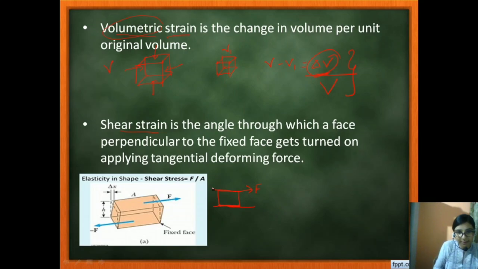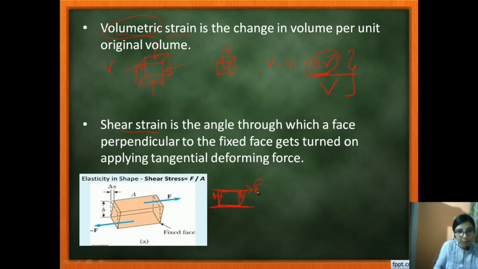So we are applying the tangential force on this eraser. Because of this tangential force, this will get deformed, and this face of the eraser will get turned by some angle. That means the face which is perpendicular to the fixed face of the eraser will get turned by some angle when we are applying the deforming force here.